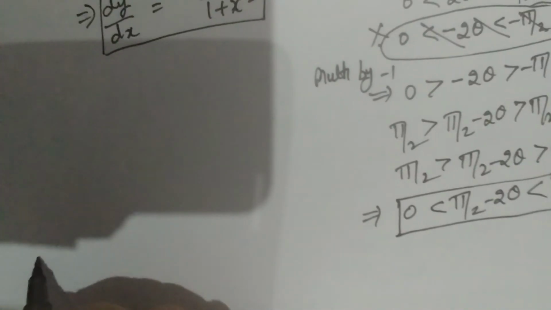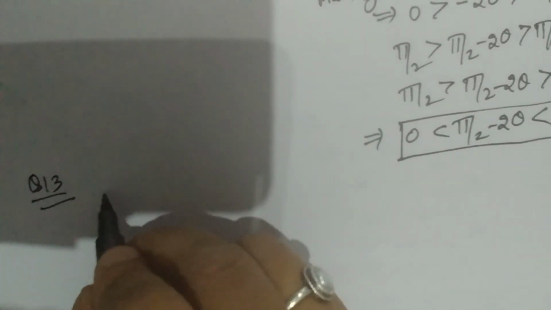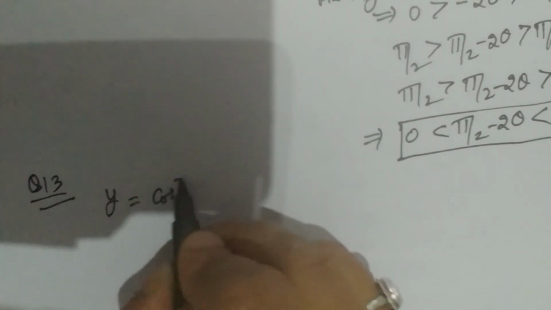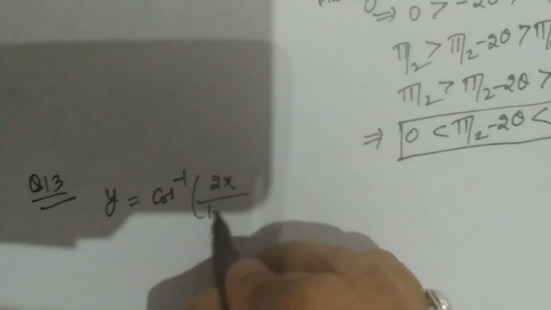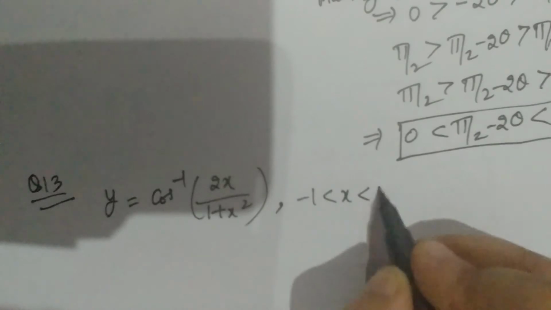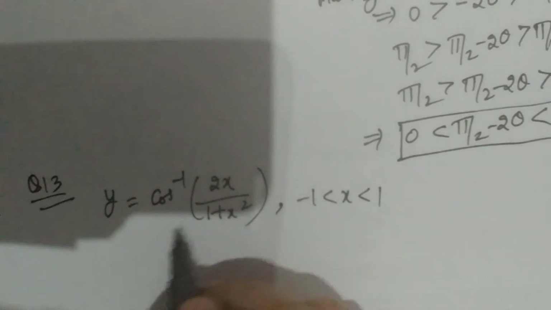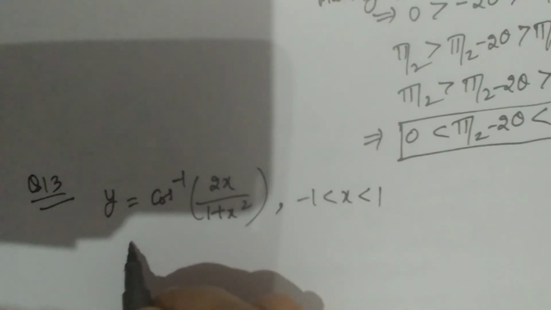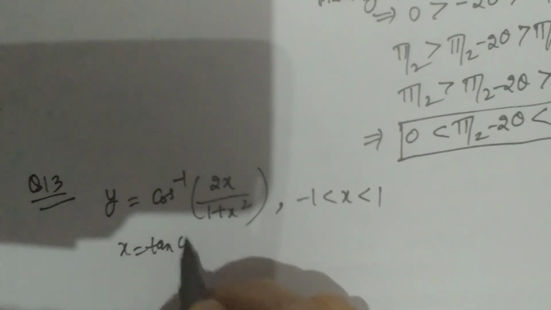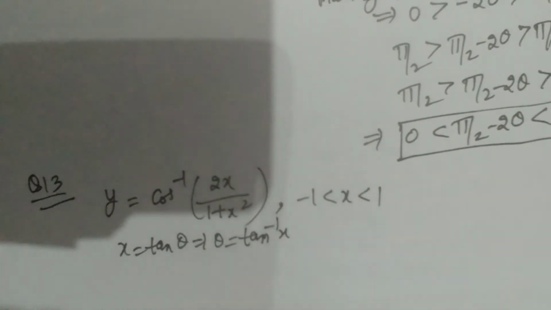Okay, again, what is happening for question number 13. Your question number 13 is y is equal to cos inverse of 2x upon 1 plus x square, and the condition is given alongside. Now see, I will just put again, as we did for the first question, x as tan theta, theta as tan inverse x.